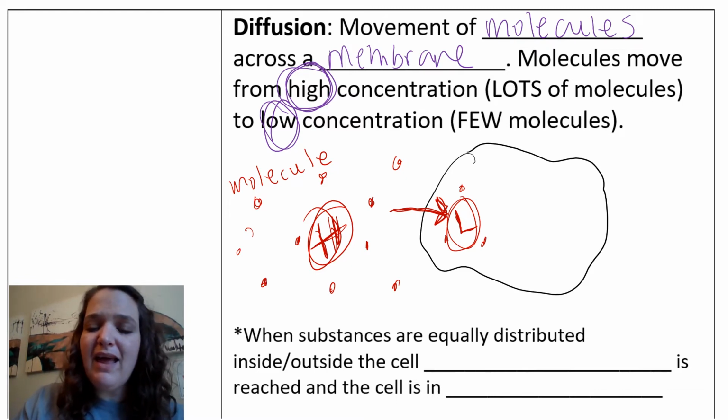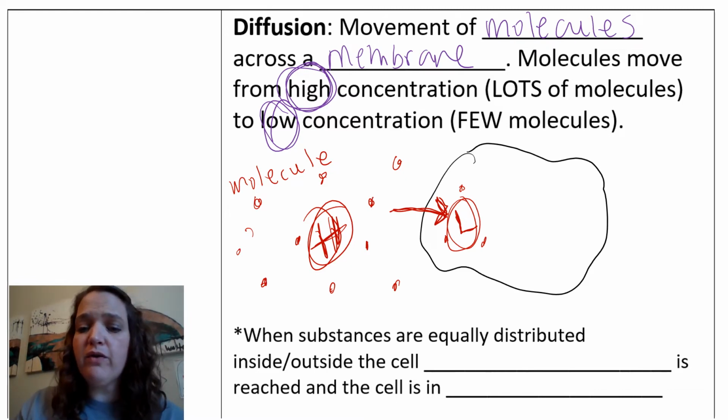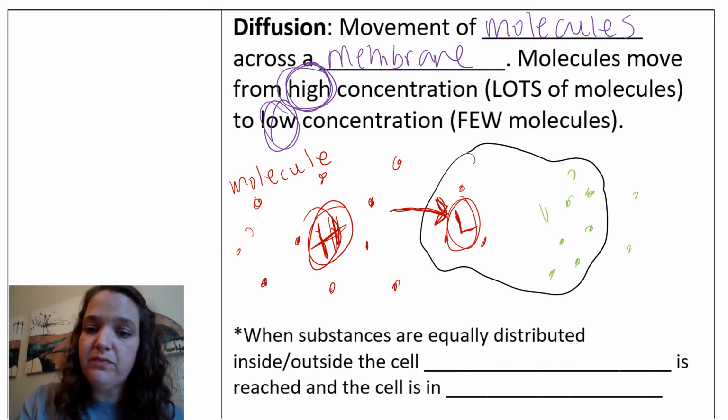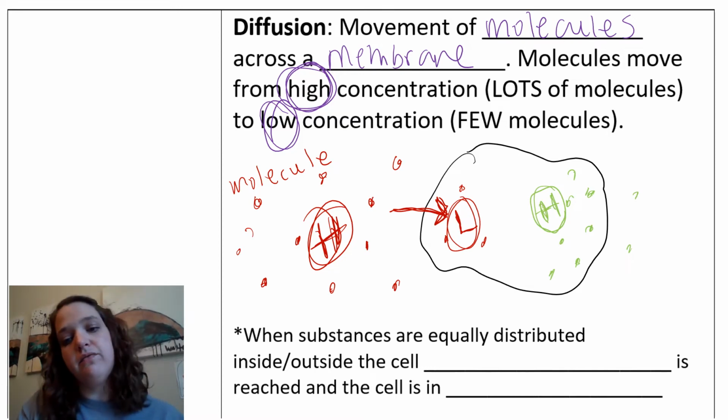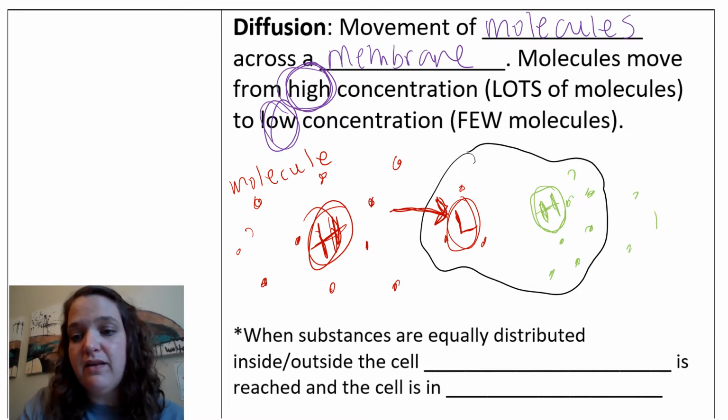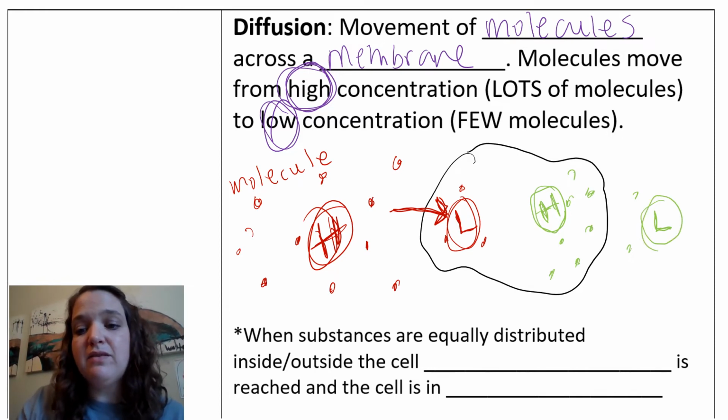The same thing can happen going from inside the cell to outside of the cell. So if the cell has produced a waste, maybe carbon dioxide, and the cell needs to get rid of it, maybe we have a high concentration of carbon dioxide on the inside of the cell and a low concentration of carbon dioxide outside of the cell.